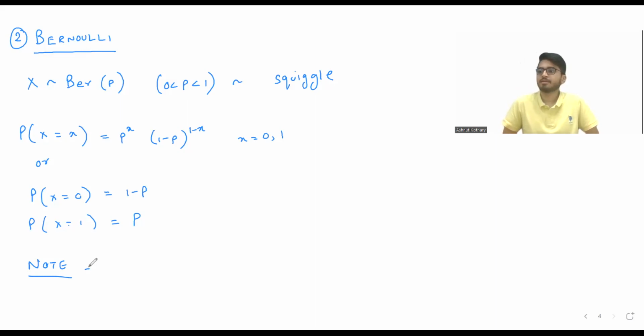Again, necessarily it does not need to be a success or a failure. As I said, anything which can take only two possible values. For example, if I tell you that the color of the shirts which students are allowed to wear in a school is either white or say grey, then I can model this as a Bernoulli variable, where I need to define when it takes the value 1, which is treated as success.